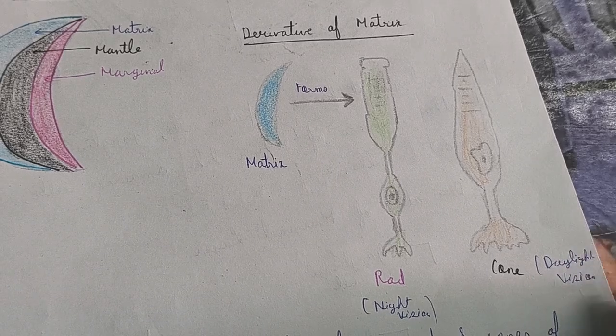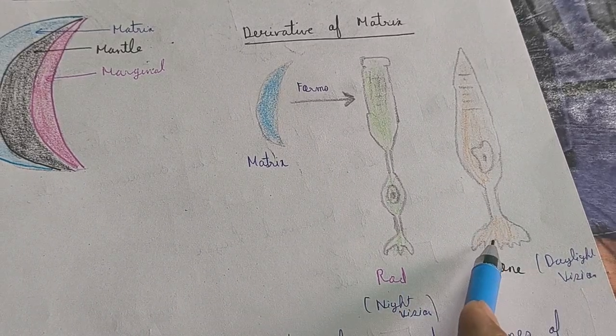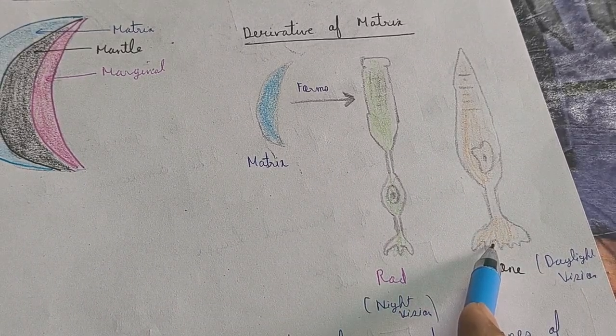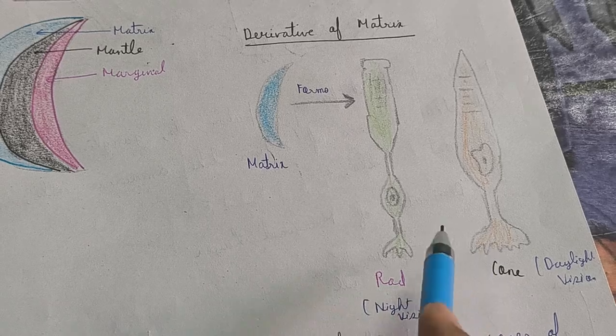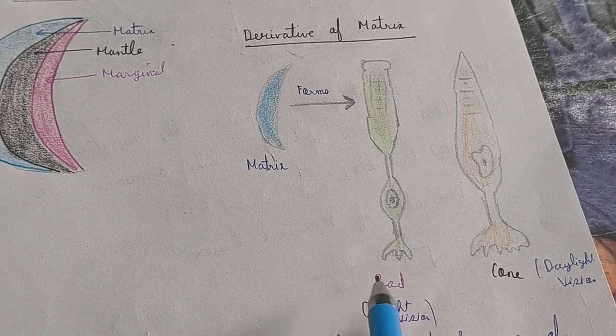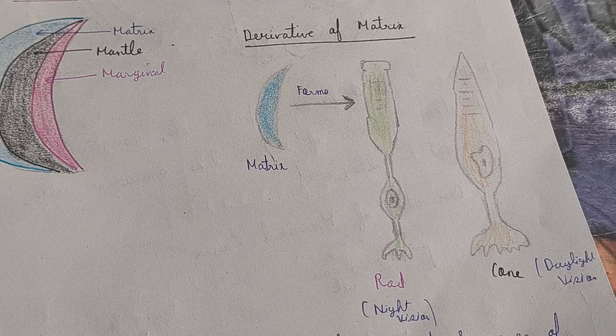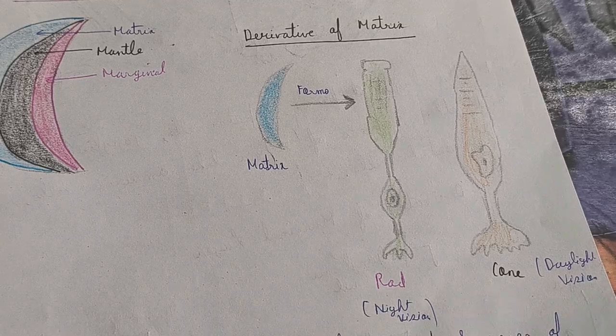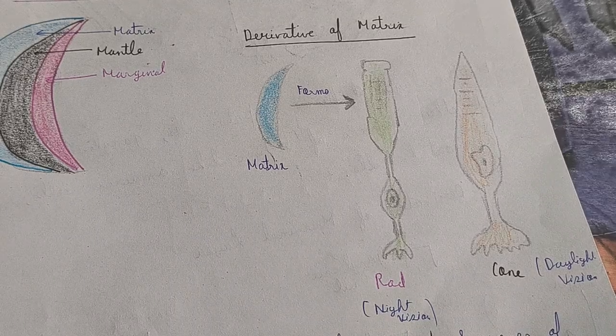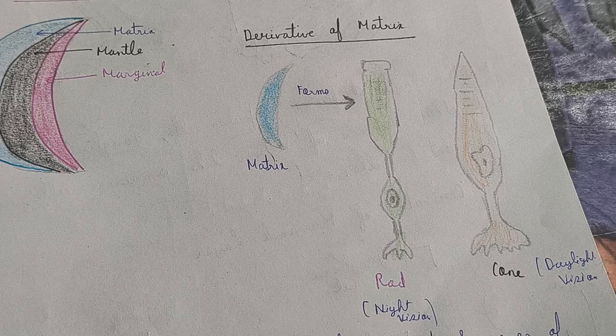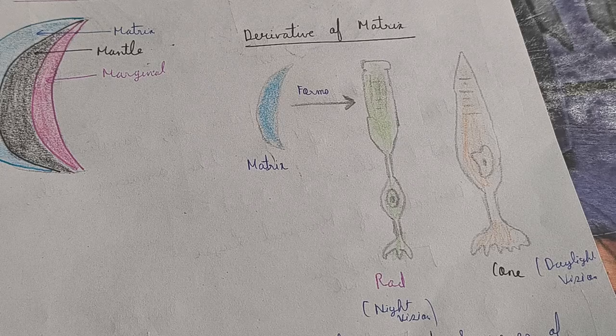And as you know, these cone cells are responsible for responding to different colors, but rods can't respond to different colors. There are red cones, green cones, all these different types of cones, and due to these different types of cones, people can perceive the primary colors: red, green, blue.